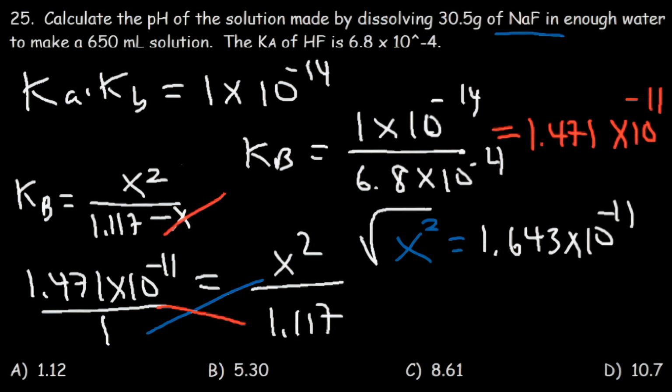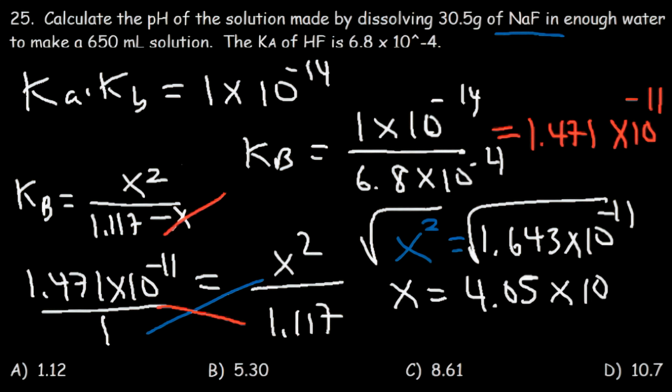So now we're going to take the square root of both sides. So X is equal to 4.05 times 10 to the negative 6. Now, because we calculated X from Kb, X represents the concentration of hydroxide and not H3O+.